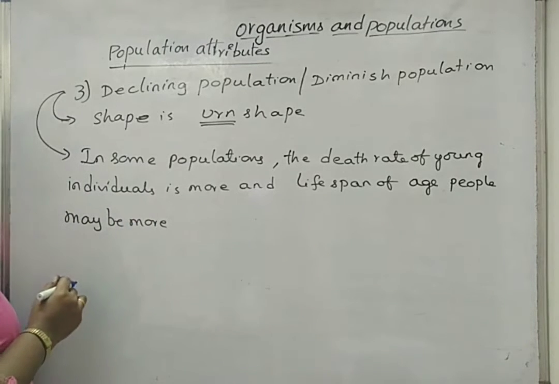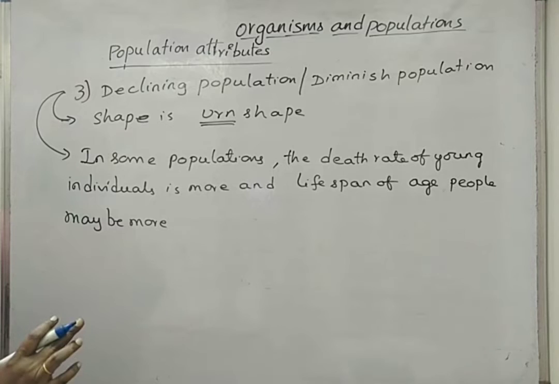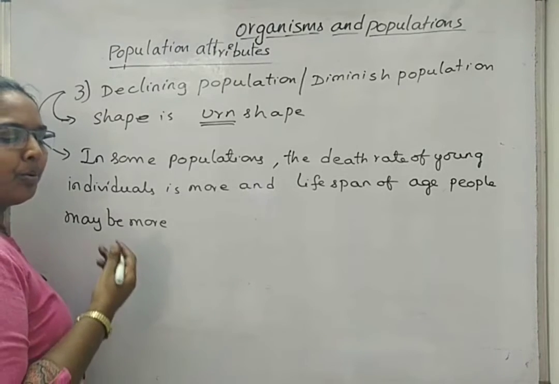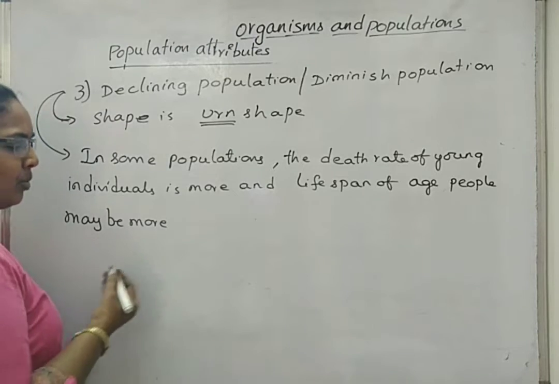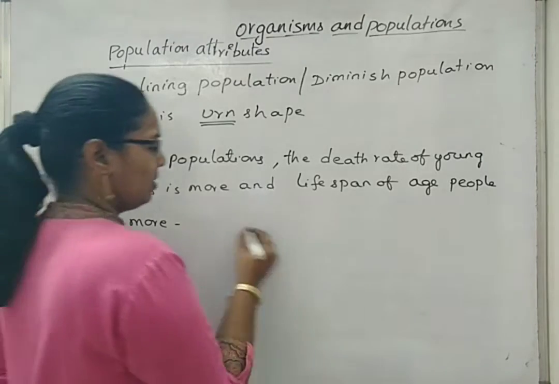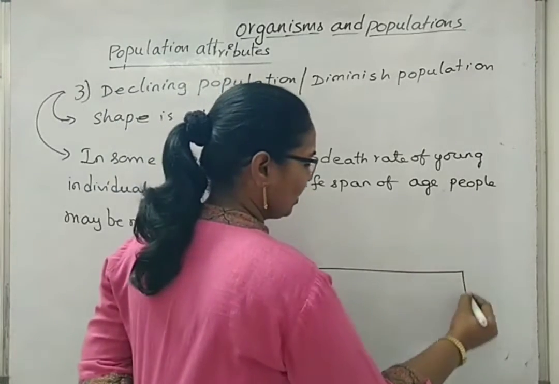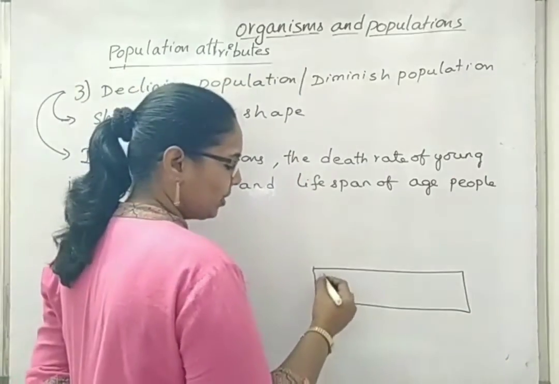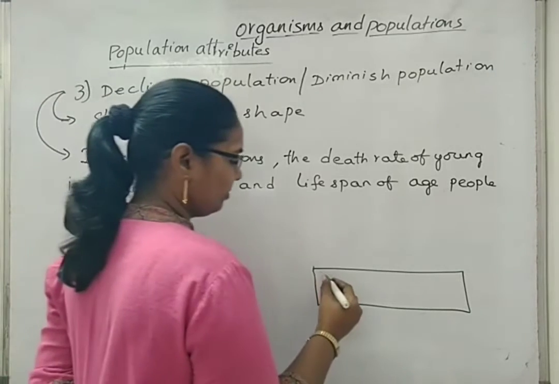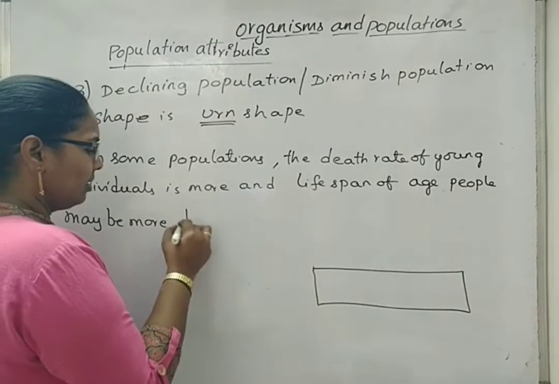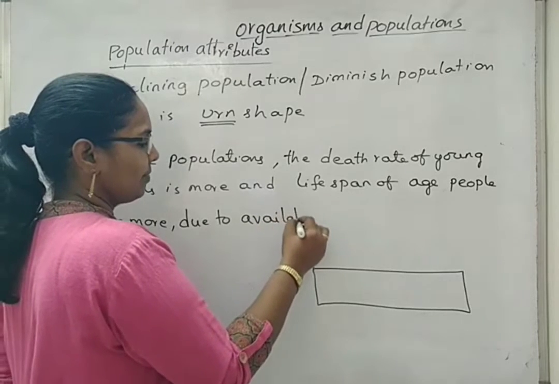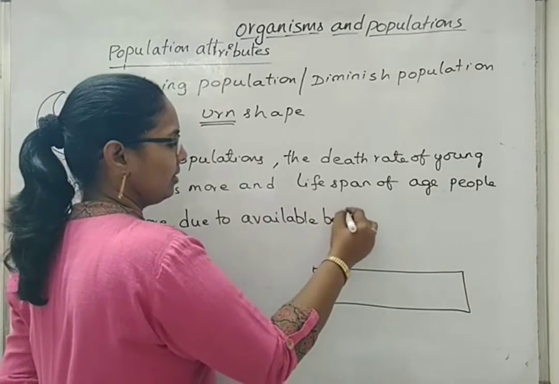In such conditions, the number of youngsters or young individuals will be less and the number of aged people or post-reproductive individuals will be more. So, we can take this one as post-reproductive aged individuals. Here we can write due to available resources, better resources.